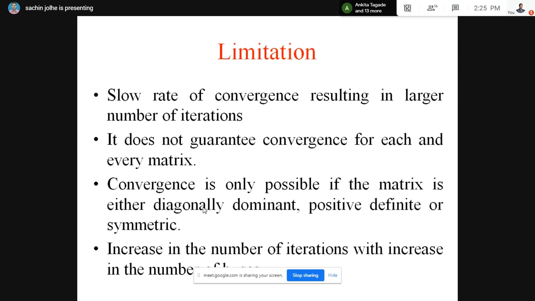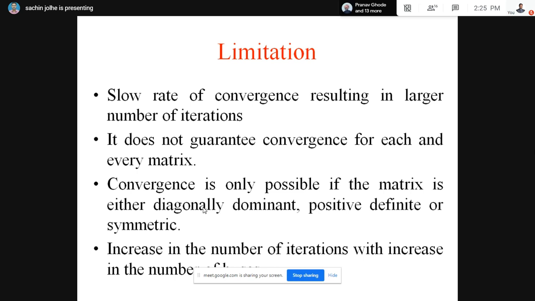Limitations: it has a slow rate of convergence, because as it is iterative we have to use n number of iterations, and for iteration we also have to form a formula, and calculating with that formula takes some time, which also slows down the rate.